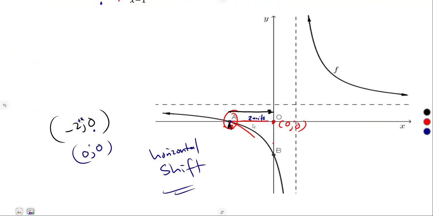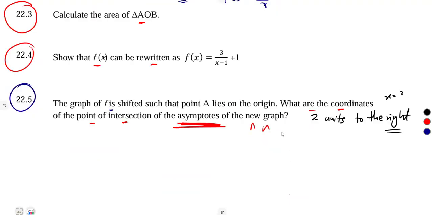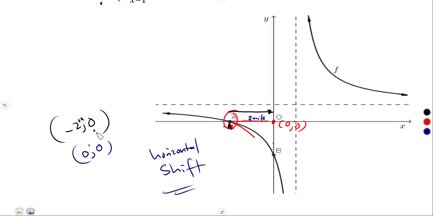Any point that is going to be affected by this horizontal shift, you are simply going to add 2 units to the x number. That minus 2, you add a 2, you obtain a 0. But the y value is not affected.